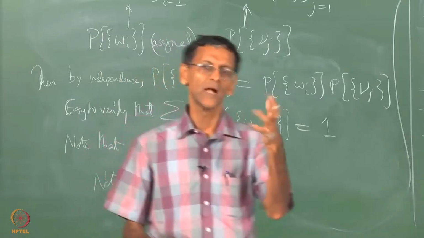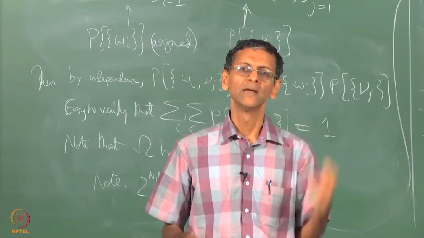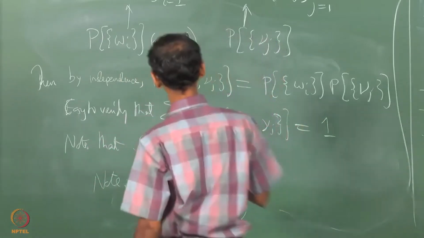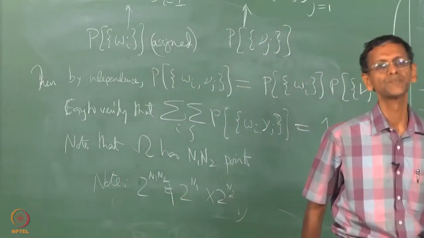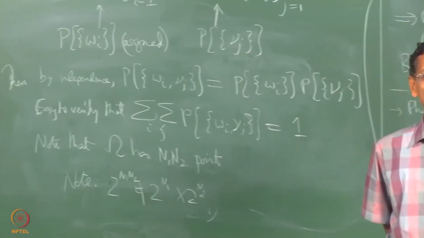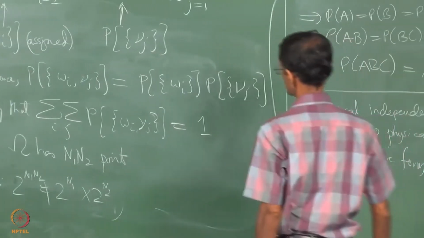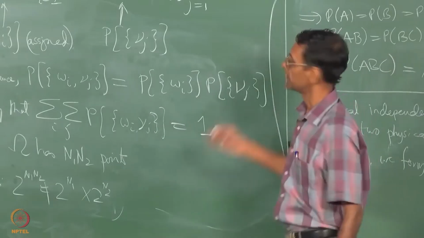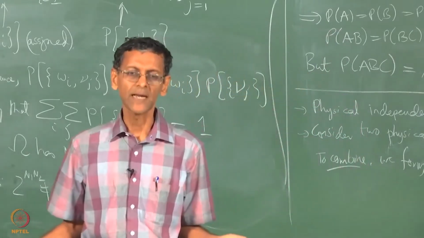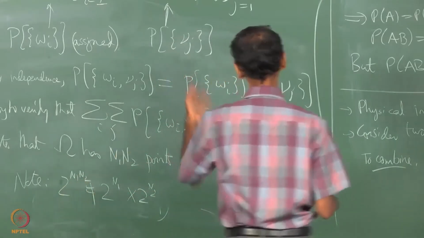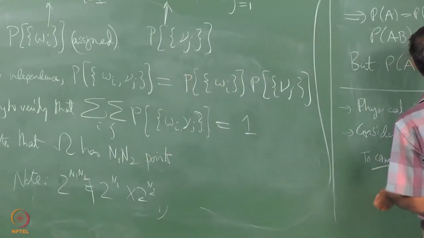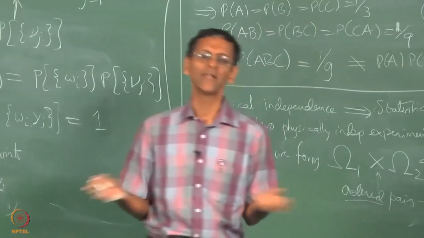So you can go and think about it, that there will be events in omega which are not expressible in this form. This is the basis for constructing more complicated experiments, assigning probabilities to the points in it, and whatever we have said, everything will apply.